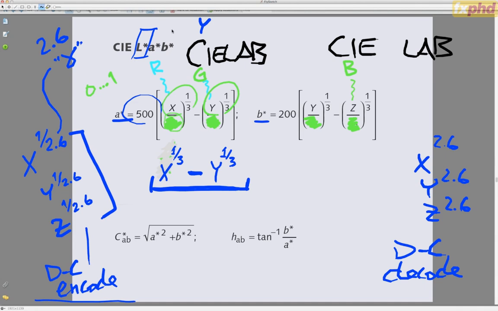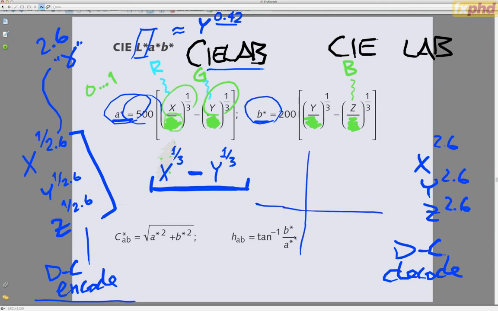Basically, L star is approximately y to the 0.42. So this serves as perceptually uniform coding. So we've got Lab perceptually uniformly coded into two components. So we can draw diagrams that show Lab space. And the A star and B star components roughly go plus minus 100.